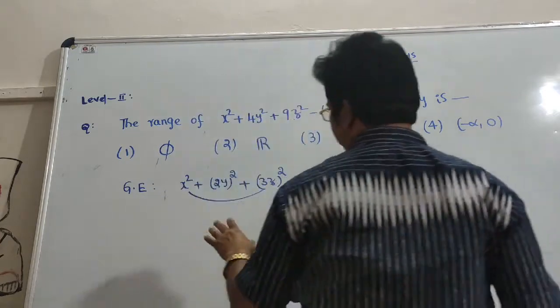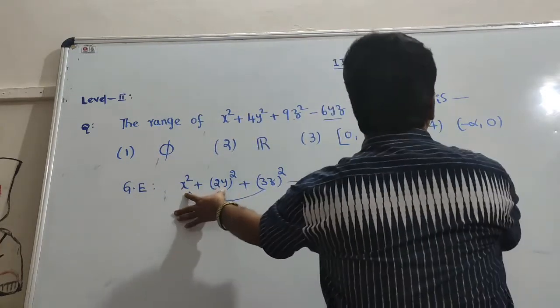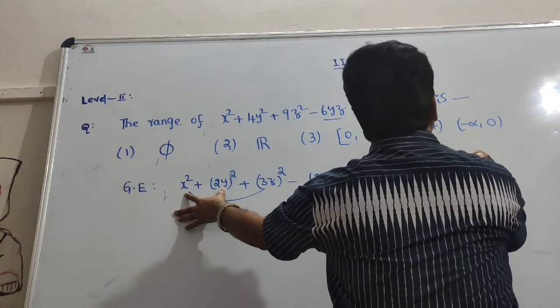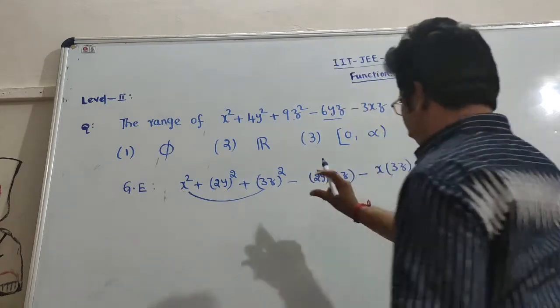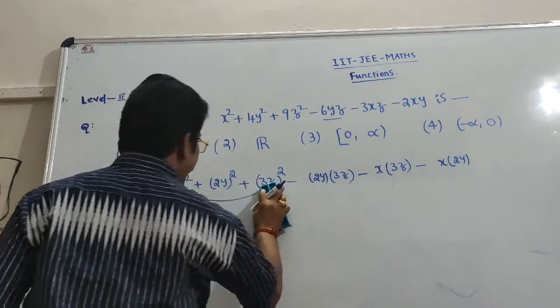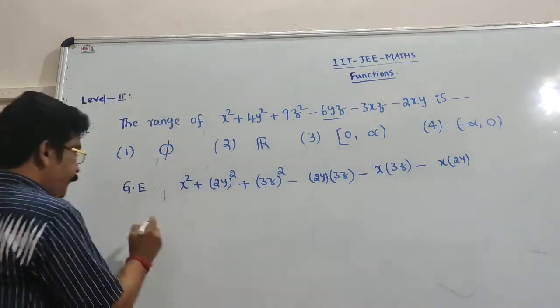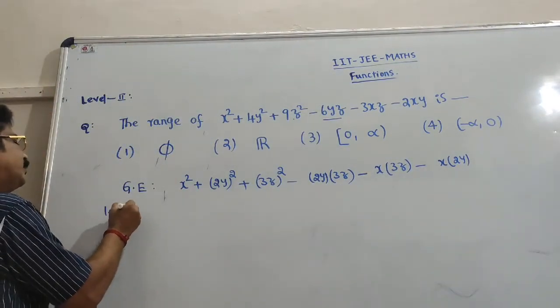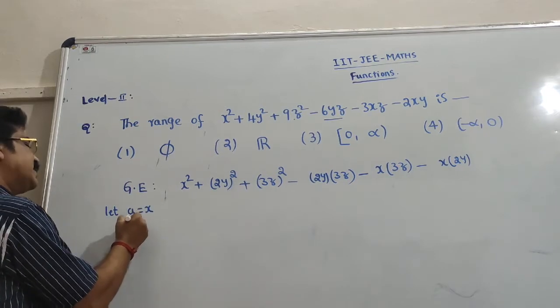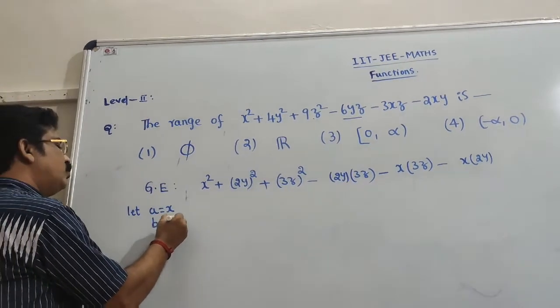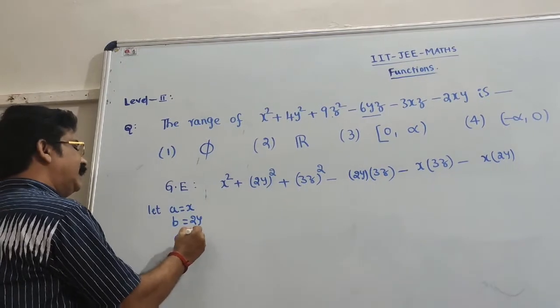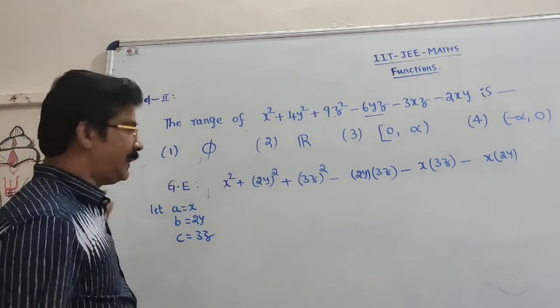Minus 2xy. 2xy means x into 2y. So it can be written just like that. Let small a equal x, b equal 2y, c equal 3z. Let it be like that.